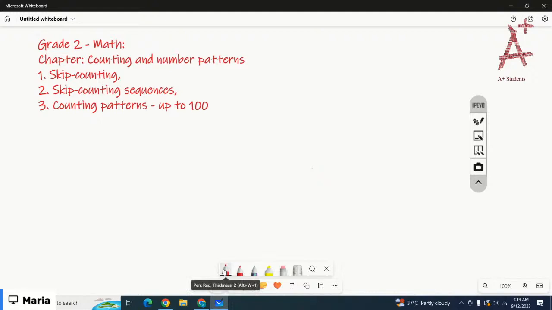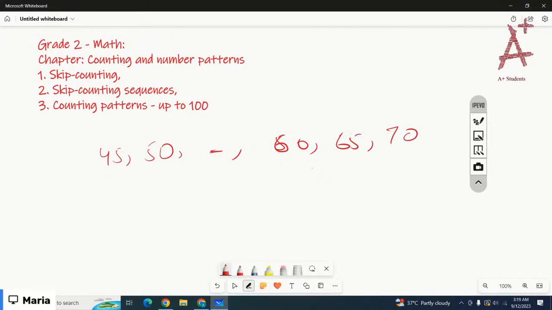Okay, the next one is 45, 50, missing number, 60, 65, 70. Okay, what number is missing? How do you know? What number is missing from the pattern?